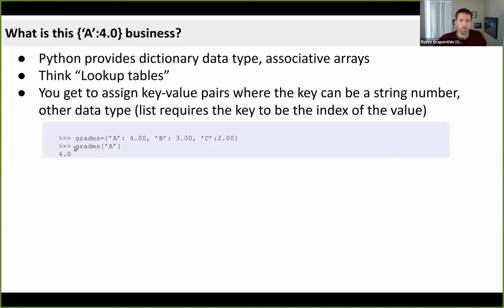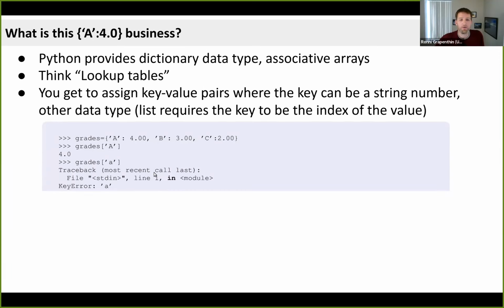We're doing this here. We're building our dictionary data type, A, B, and C, didn't include D and F. And then we can just ask, well, what is the value of a grade that is A? And we get returned 4.0, right? So A is our key and 4 is the value. If we use a lowercase a in this case, we get a key error that tells you that this dictionary does not have a key that's lowercase a, so it's case sensitive.